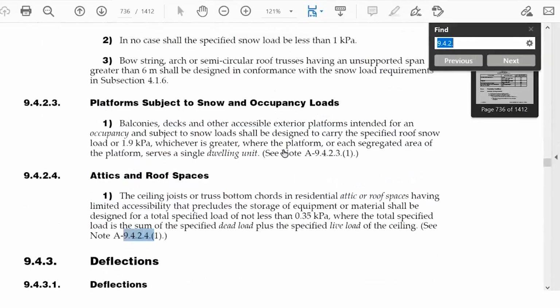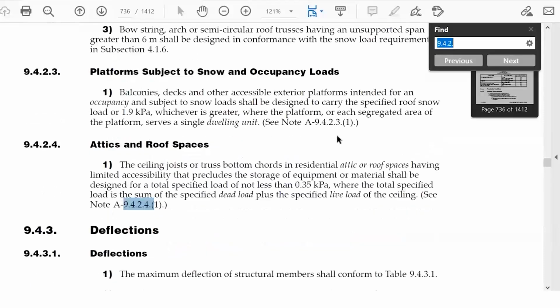So for each type of assembly in Part 9, you'll see that we're going to have specified loads, and this is why in 9.4 at the beginning, it says that when you're designing, whether you're calculating based on Part 4 or Part 9, you can use the specified loadings in Part 9.